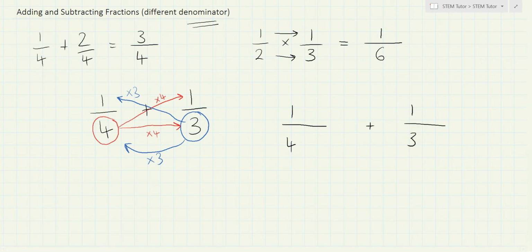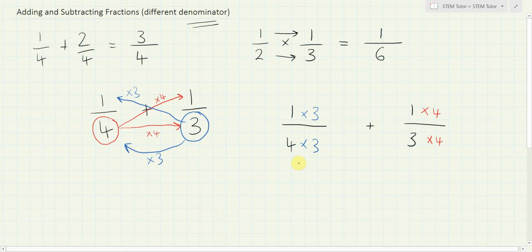On this side we have multiplied by 4, both top and bottom, and on this side we have multiplied by 3, top and bottom. Before we can actually add them, the answers to these two multiplications are 3 over 4 times 3 is 12, plus 1 times 4 is 4, over 3 times 4 is 12.